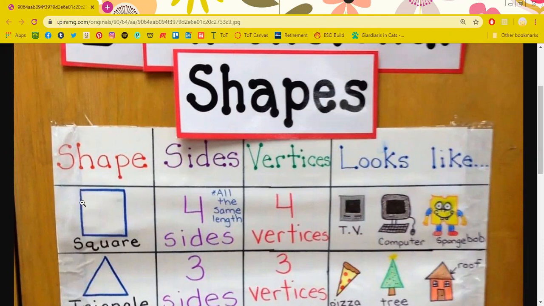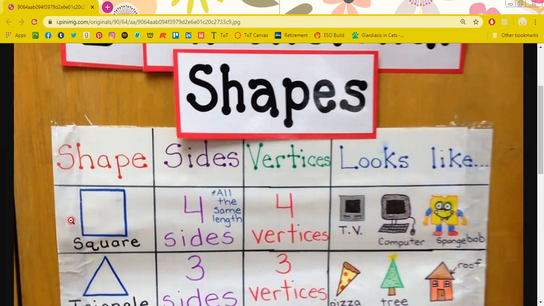Well, if we count the number of lines, we see that we have 1, 2, 3, 4. There's 4 lines. So that means that this shape has 4 sides.